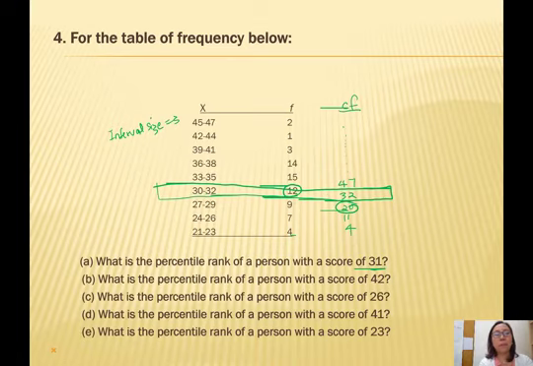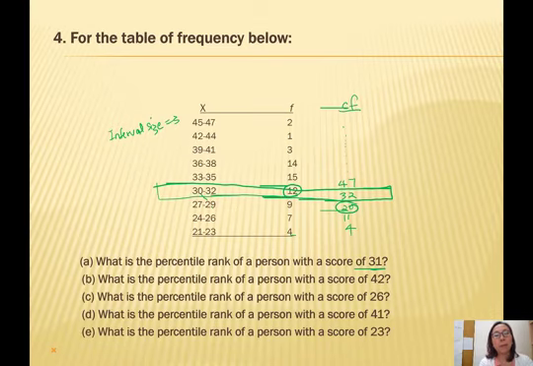But what would be the lower real limit? The lower real limit is halfway down from that interval to the next. This can be a little confusing here, but the gap between the interval that we just boxed in and the one below jumps from 30 to 29. So you want to go halfway down there, between 30 and 29.